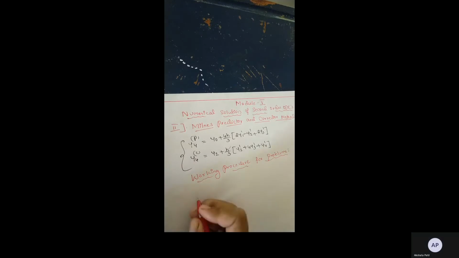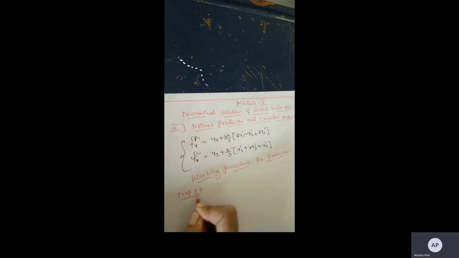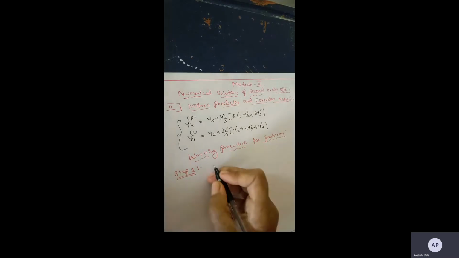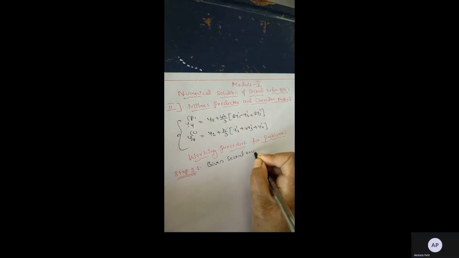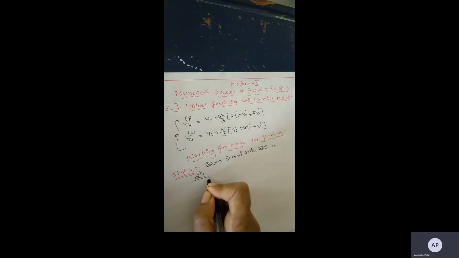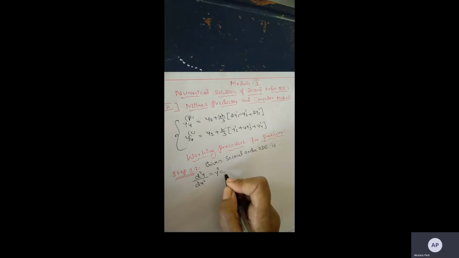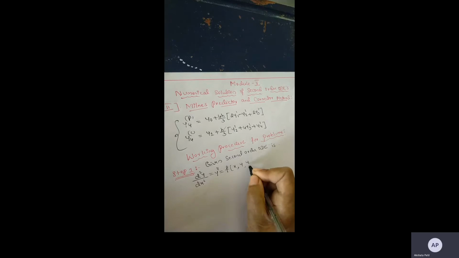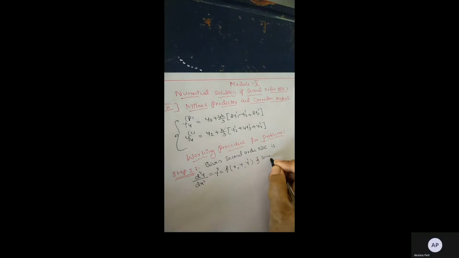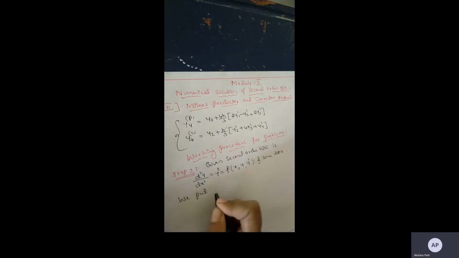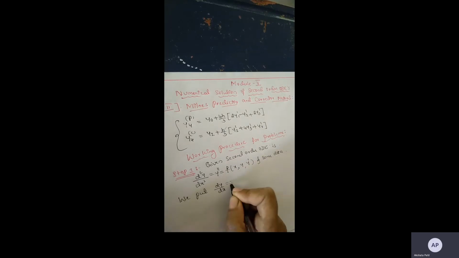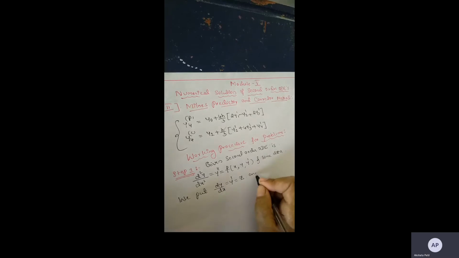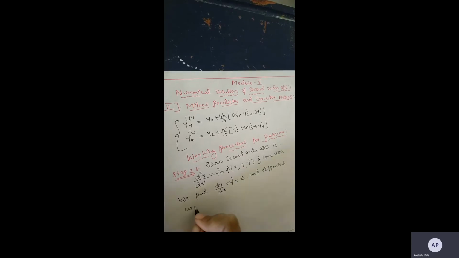Step 1: the given second order ordinary differential equation is d square y divided by dx square, or y double dash, equals a function of x comma y dash, and some data is given. Now we put dy by dx, or y dash, equals z, and differentiate this with respect to x.